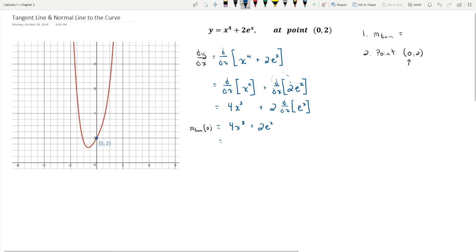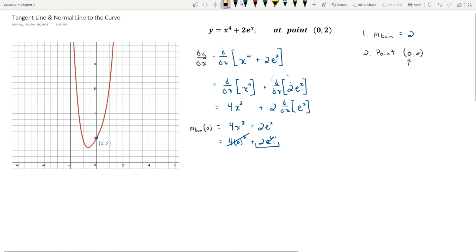So we will end up with 4 times 0 to the third plus 2e raised to the 0 power. And of course, 0 to the third is 0, and anything times 0 is 0. So this is gone. E to the 0 is just going to make this 1. So really our slope is 2. So that's what we end up with. So I'll put that up there.